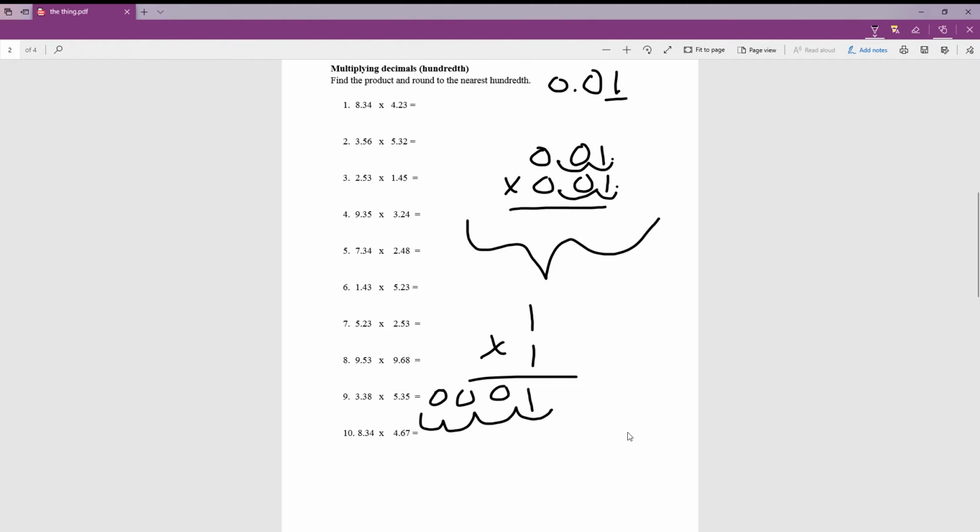And so now I end up with 0.0001. So that's how you would solve multiplying with decimals. Just remember to count the number of spaces that you moved the decimal point over to the right and move them back the same number of decimal spaces when you get your final answer.